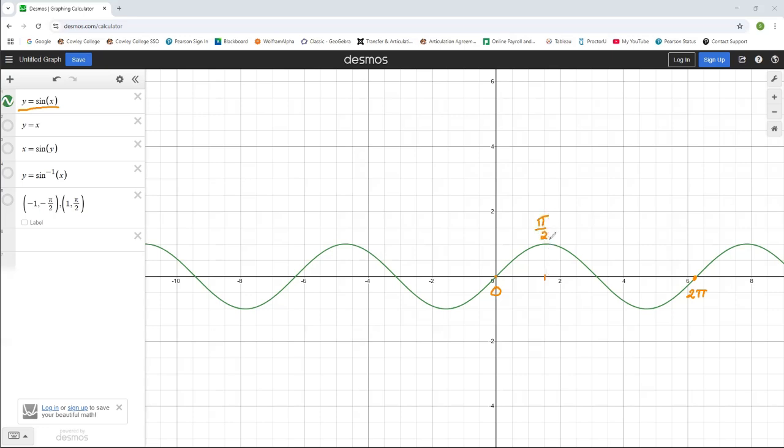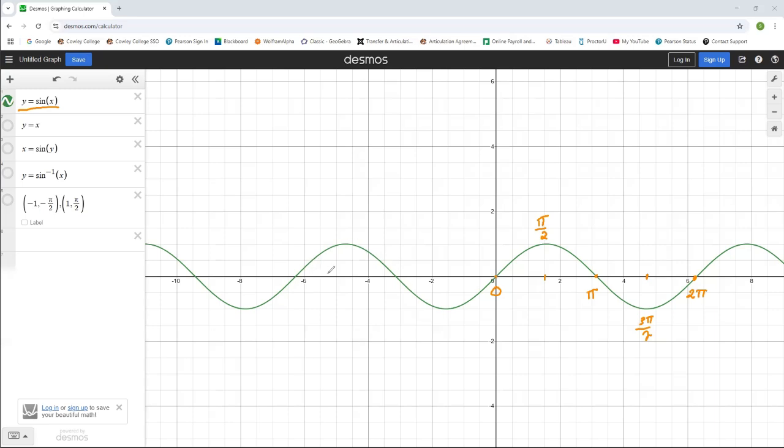So for x, pi over 2 is where we get the 1. And then we get another 0 here at pi coming back down through there. So x is pi there. And then this is 3 pi over 2, where it bottoms out, and then it goes up to 2 pi again, and then begins the cycle over again.